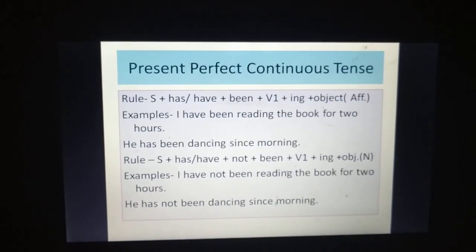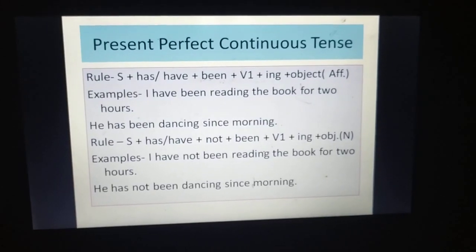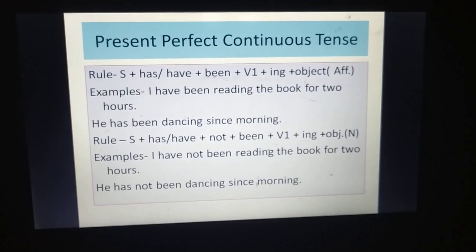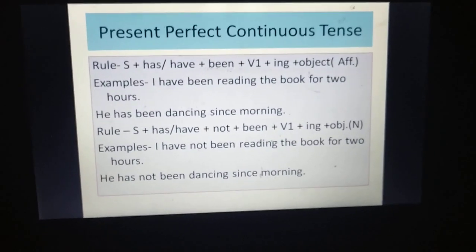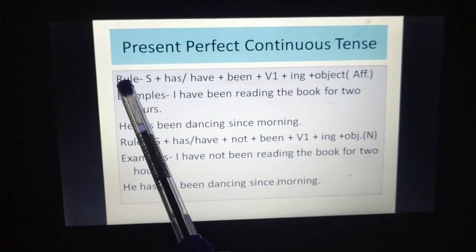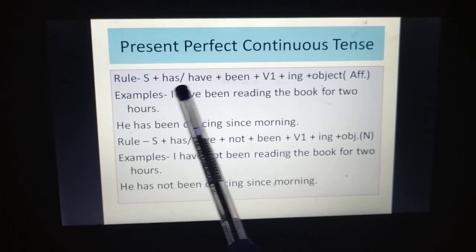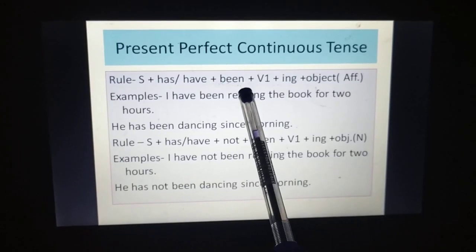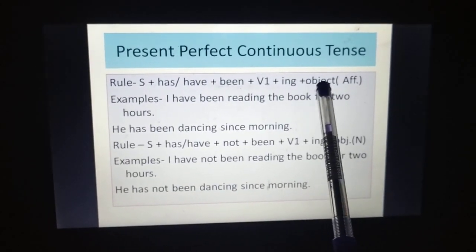Our fourth type in present tense is present perfect continuous tense. Let's study the structure. The structure for present perfect continuous tense is subject plus has/have plus been plus verb 1 plus ing plus object.